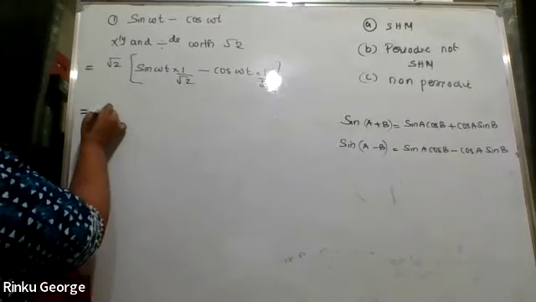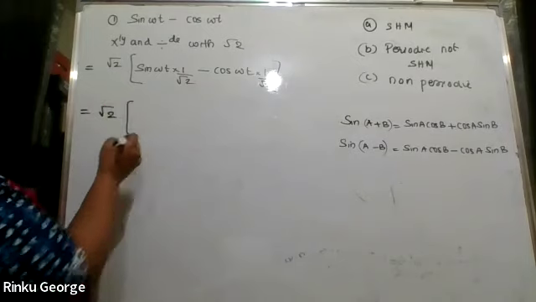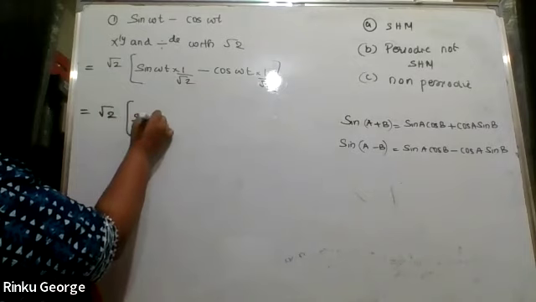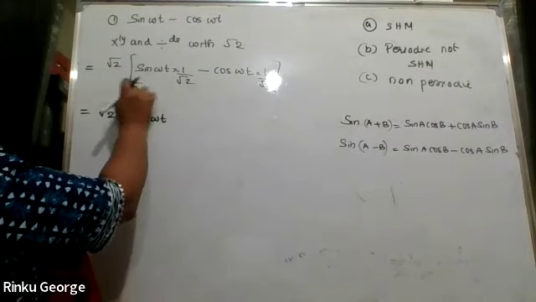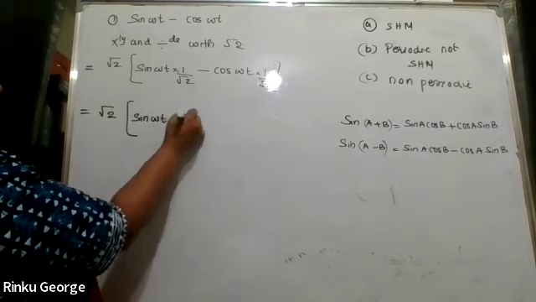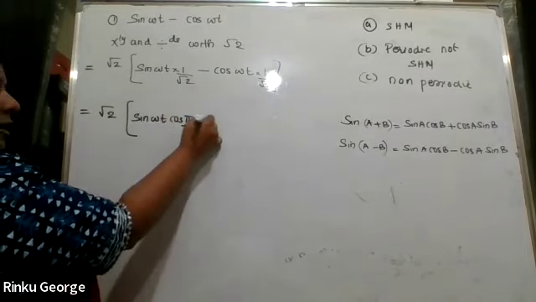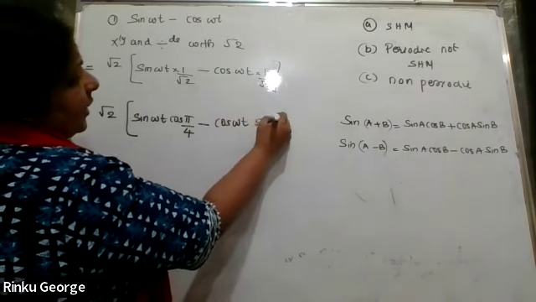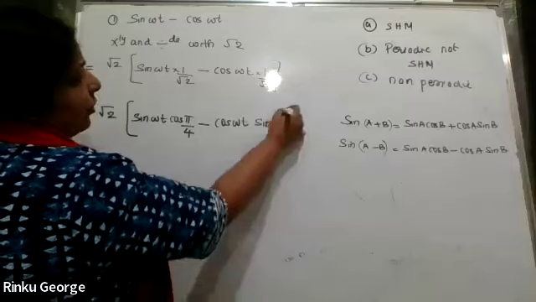Now listen. Maths or non-maths, listen. Sin omega t cos pi by 4 minus cos omega t sin pi by 4.